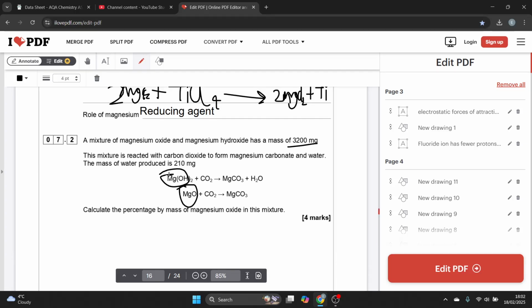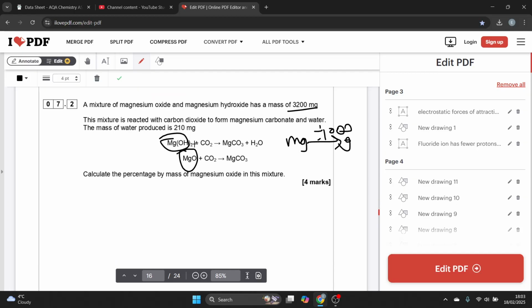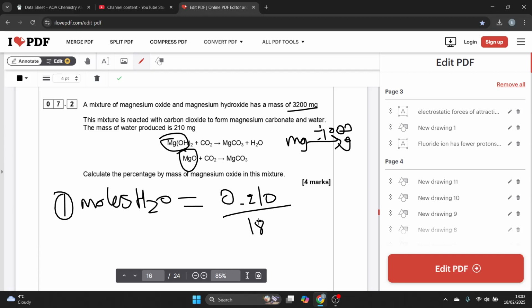One thing I would do immediately is, because I'm going to use moles, mass and MR, convert it into grams. So milligrams to grams, I'm going to divide by 1,000. So in this case, I know the total mass is 3.20 grams. I know the mass of water is that. So number 1, the moles of H2O, which is the mass in grams, 0.210 divided by the MR, which is 18.